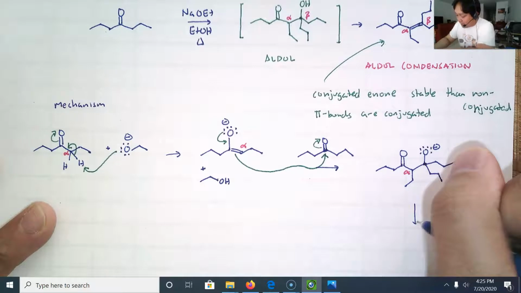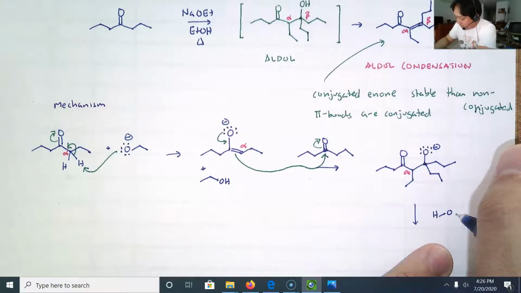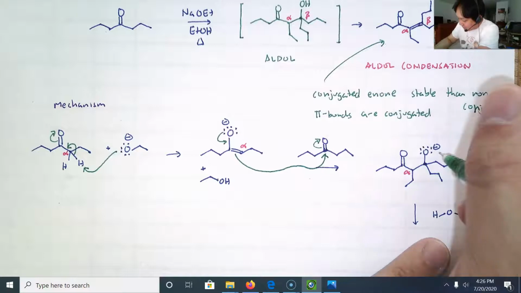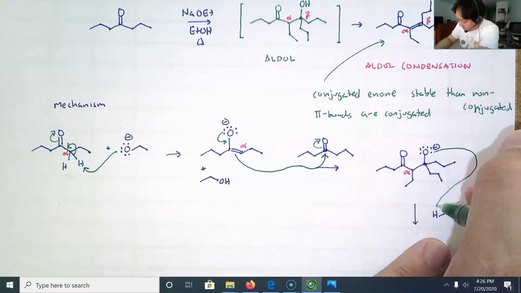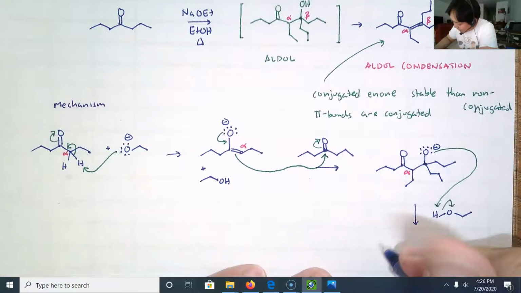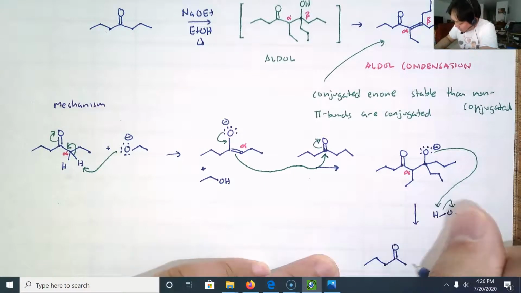Finally, the last step, we're going to get the aldol product. And since we're working with ethanol, why don't we just take our proton from that, and we form now our aldol product.